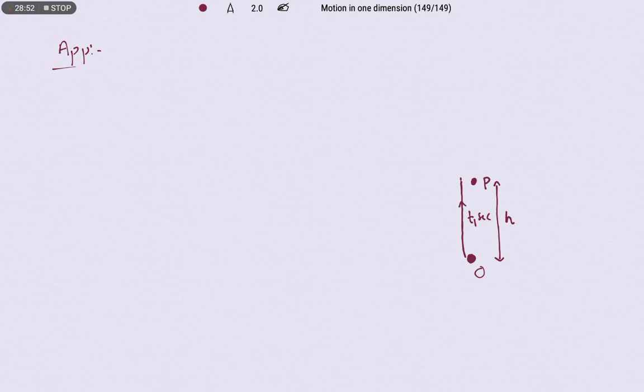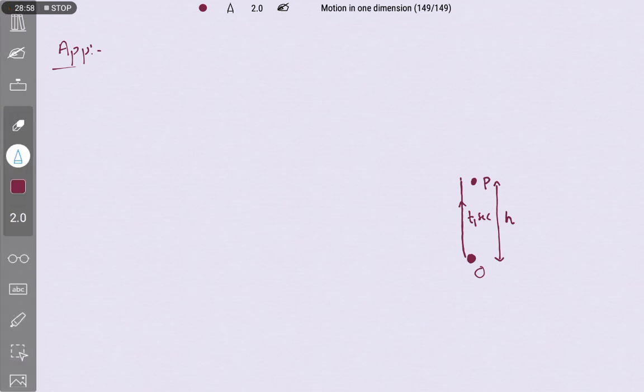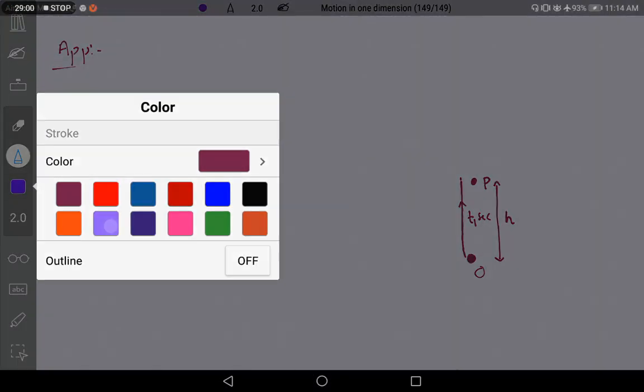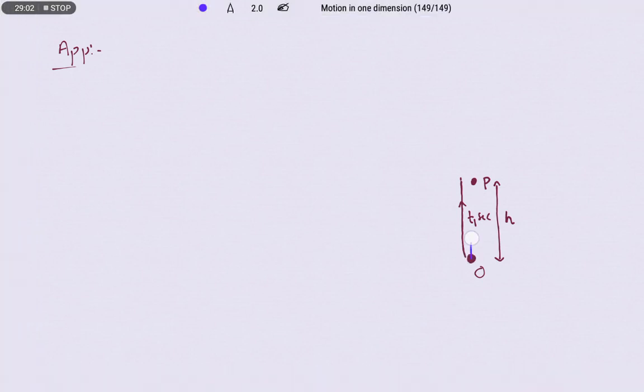Then again, what will happen? Again it will be reaching the point. So in this way the object is moving in the vertically upward direction. It crosses a point P after t1 seconds which is at height h from the ground. Now it reaches the ground.